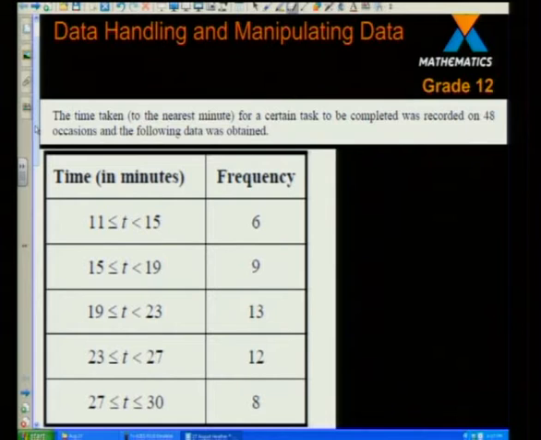So that's continuous data. So 11 to 15, there were 6 people who recorded a time between 11 and 15 minutes. Then between 15 and 19, there were 9 people. 19 to 23, 13 people, 12 people, and 8 people. So you can see if you take those and you add them up, you get to the total of 48.